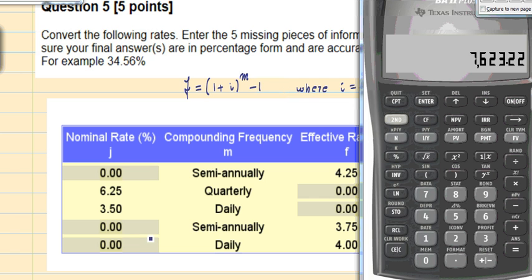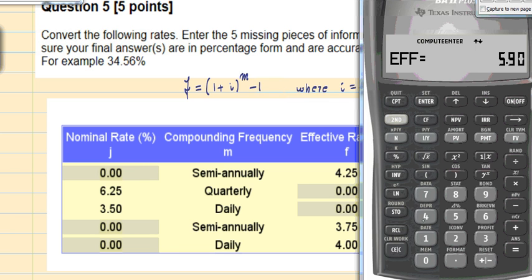So for the first example, we're going to use the calculator for this. So press second function and 2, and what we need to do, we need to scroll to find effective rate.